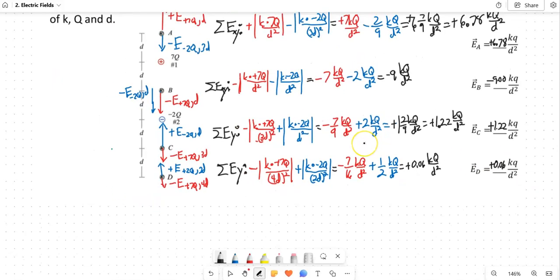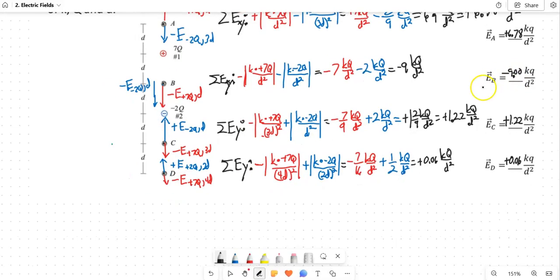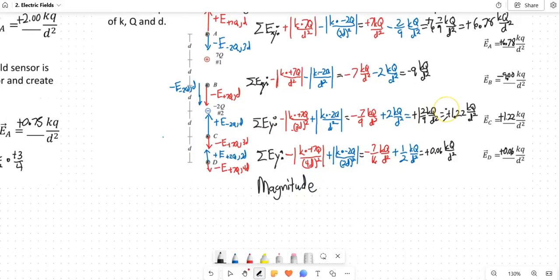Now, what I'm going to have you do in this one is, I'm going to have you organize these from largest to smallest, as in magnitude. So we're going to take the magnitude of this and organize them from largest to smallest. Forget about the sign or the direction of the vector.